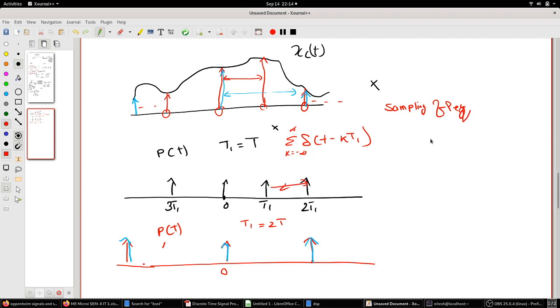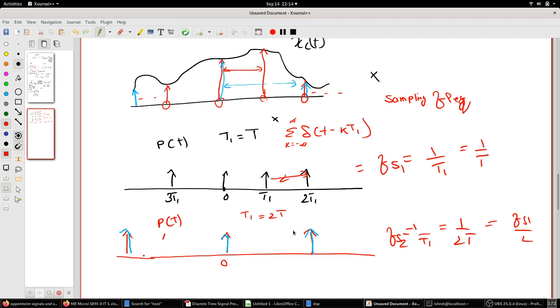In the first case, fs is 1 upon t1, which is equal to 1 upon t. In this case, fs is 1 upon t1, which is 1 upon 2t. So if this is fs1, this is fs2, fs2 is equal to fs1 by 2. So basically you have halved the sampling frequency.